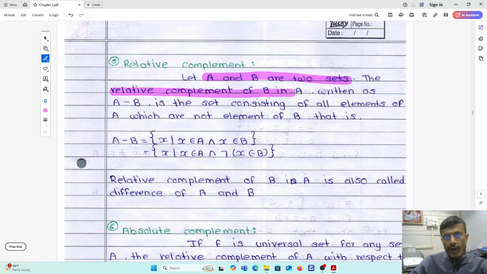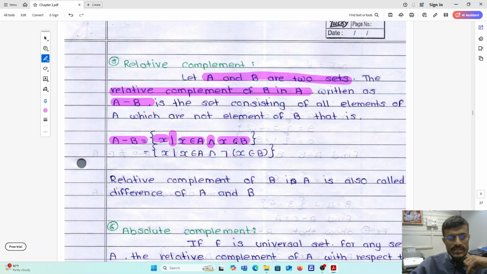Then the relative complement of B in A is written as A minus B. Or simply, it is all the elements present in A rather than elements present in B. So A minus B is nothing but the relative complement of B in A, which is written as X such that X belongs to A and X does not belong to B.